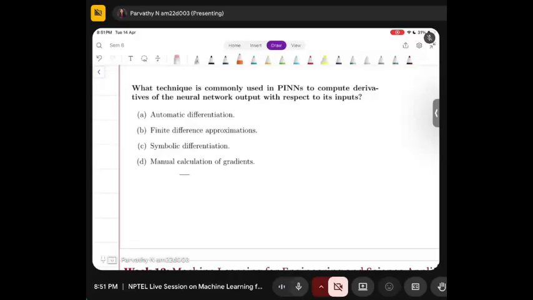Yeah, so for PINNs, automatic differentiation is the main thing.